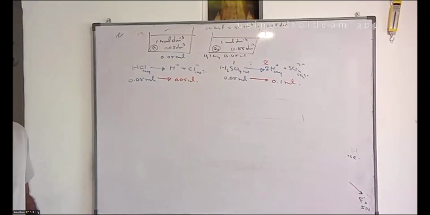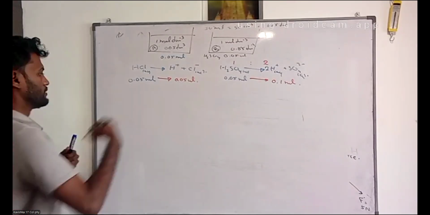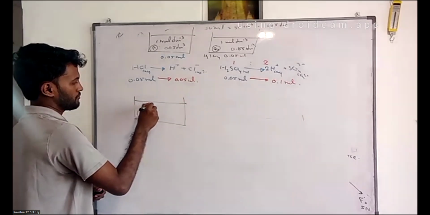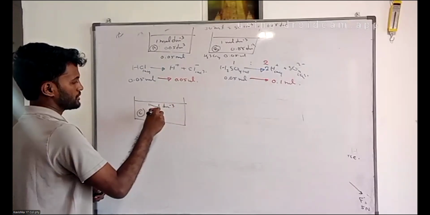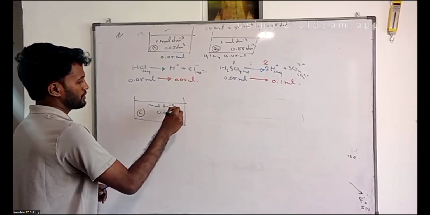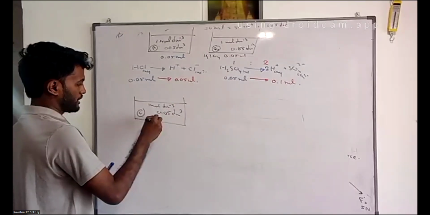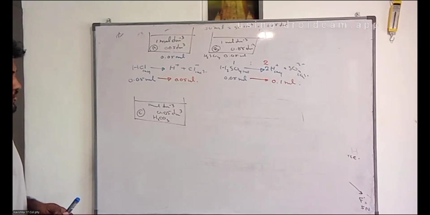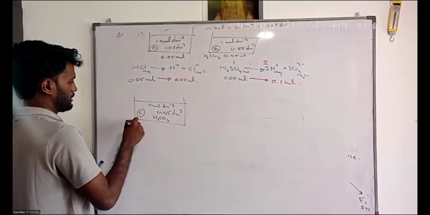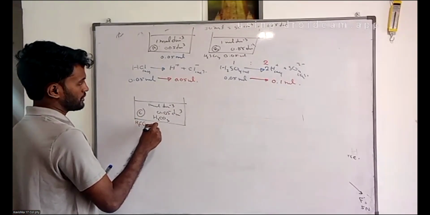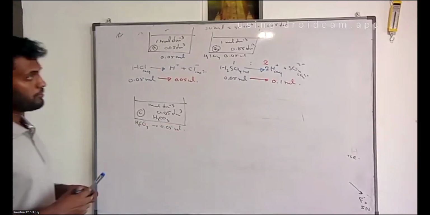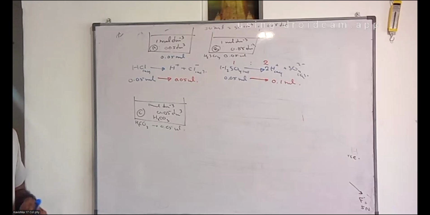Then the third one, H2. Third, initial, same: 1 mol dm minus 3, 0.05 dm 3, and maybe make it H2CO3, carbonic acid. Carbonic acid is a weak acid.